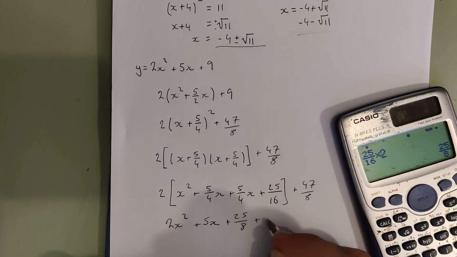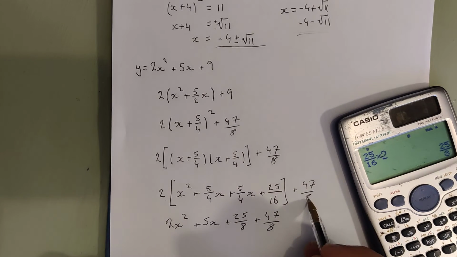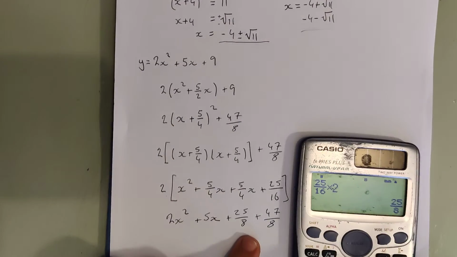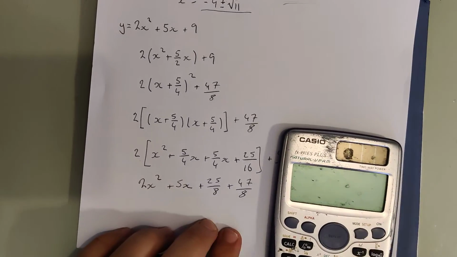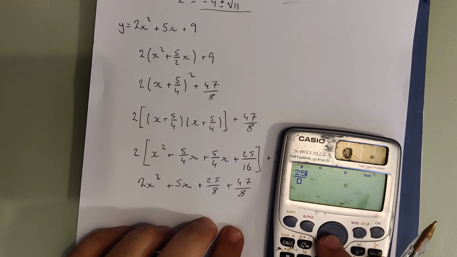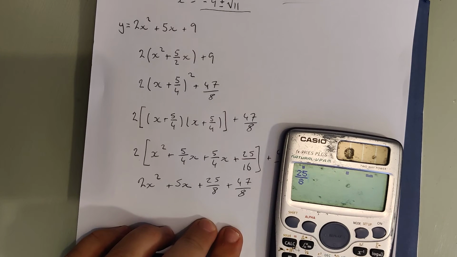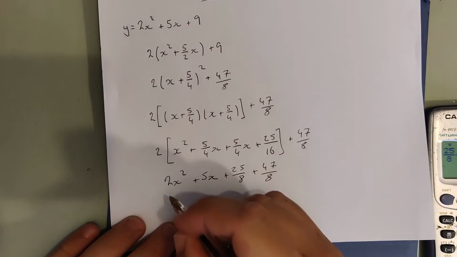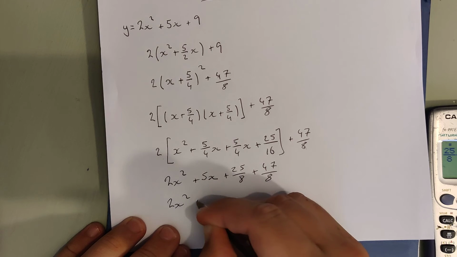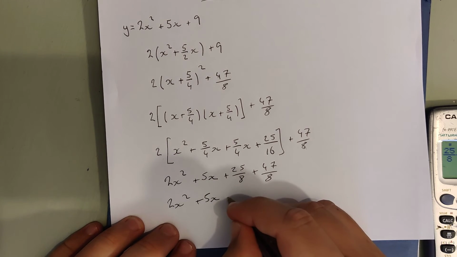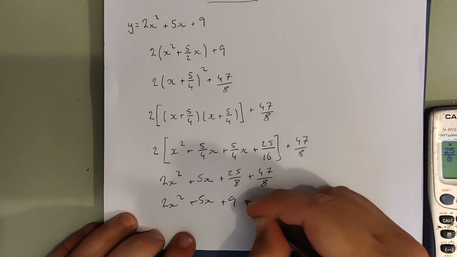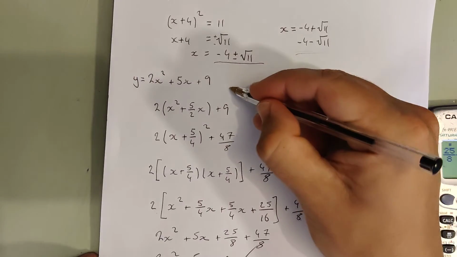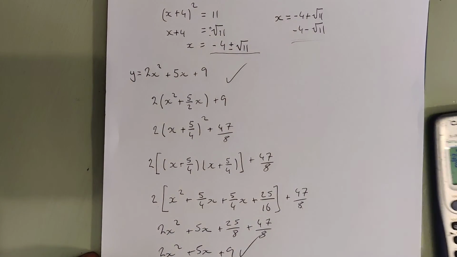So hopefully 25 over 8 plus 47 over 8 will give us our 9. Let's see what happens. 25 over 8 plus 47 over 8 gives us our 9. So you can see how that all checks out. They both match up, so we know that's good.